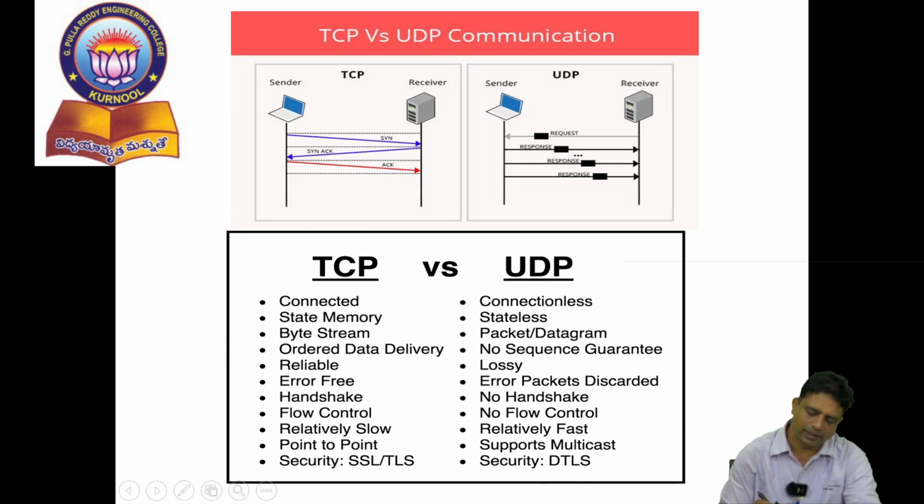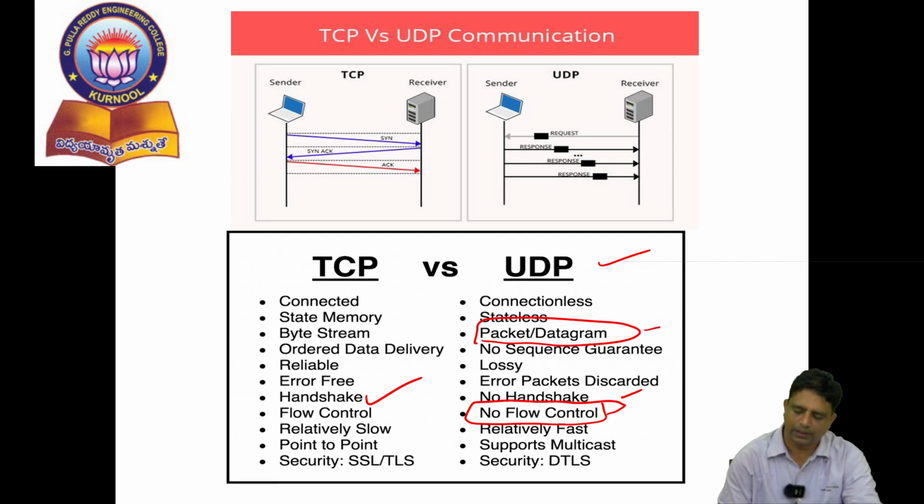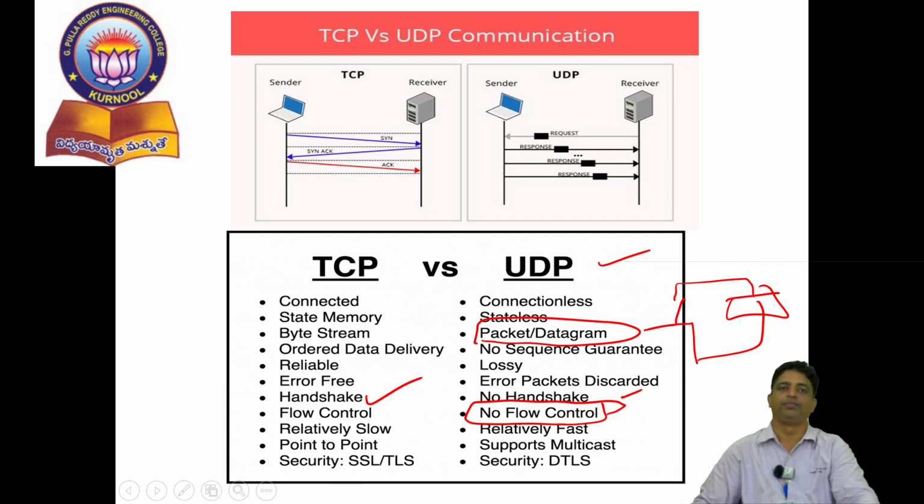Whenever we have a long communication where there is no conditional flow, we rely on the UDP model, where information will be transferred in the form of packets. There is no particular path for the UDP model. Any packet could follow any path, and finally it will reach the destination. This is the facility with UDP. Both have their own importance. We can't say this is good or this is bad.